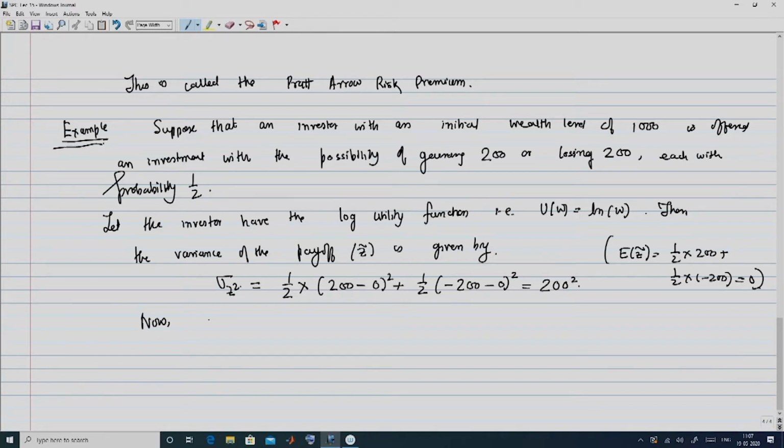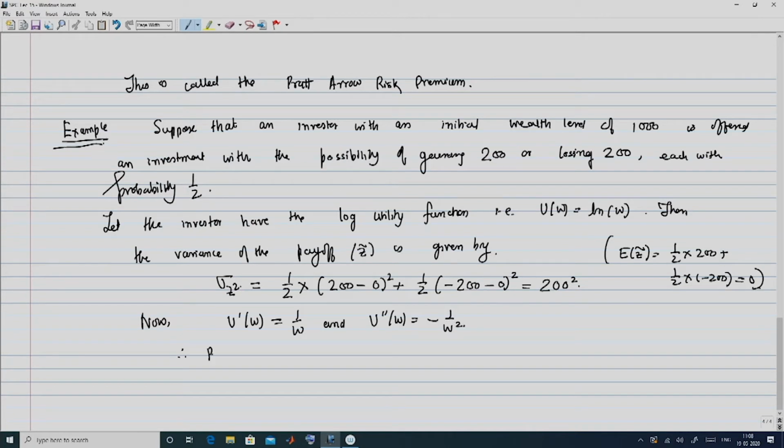Now, you see that du/dw or u prime of w is 1 over w, and u double prime of w is equal to minus 1 over w square.